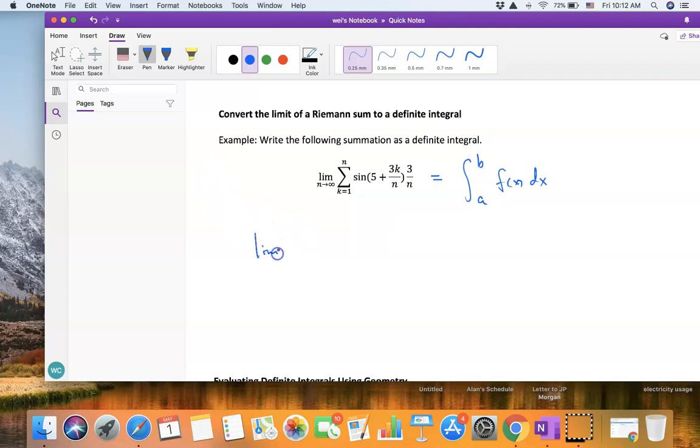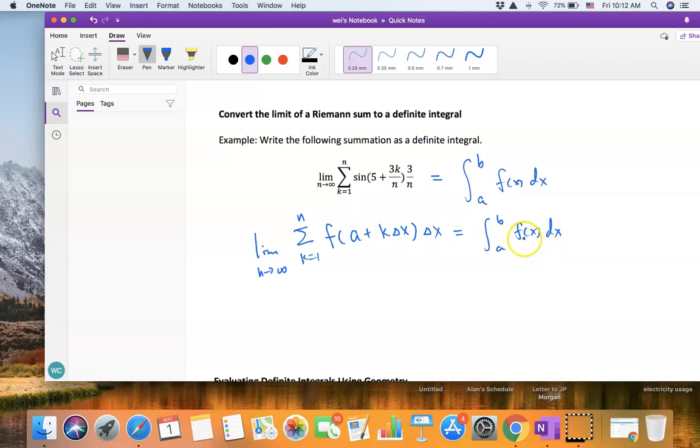Now, remember we said the limit of a Riemann sum, k from 1 to n, f of a plus k delta x times delta x, equals a definite integral, right?